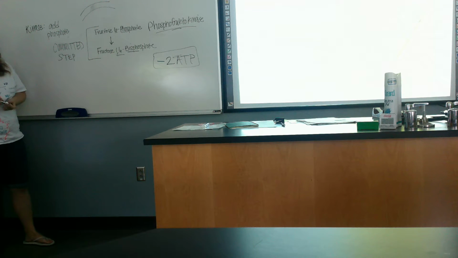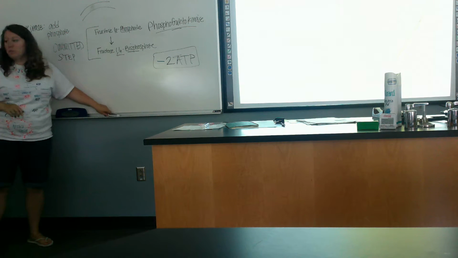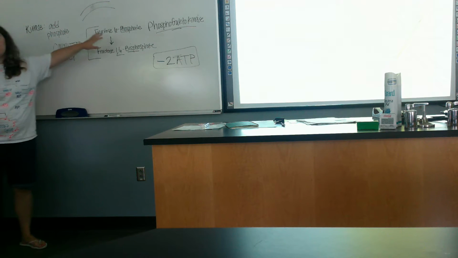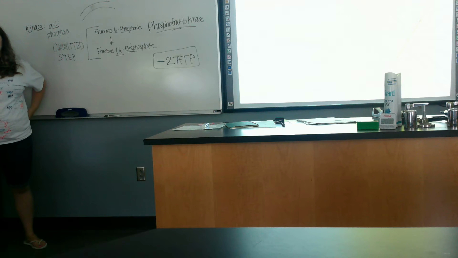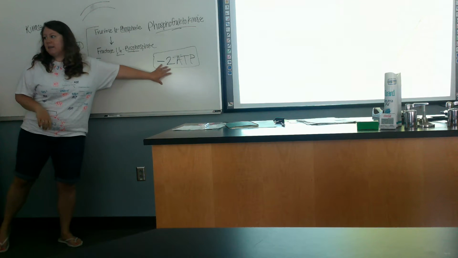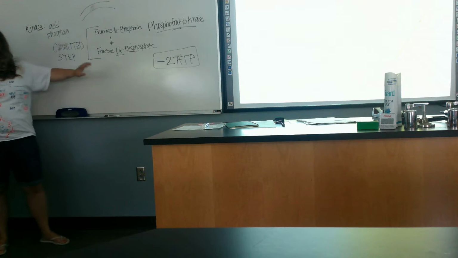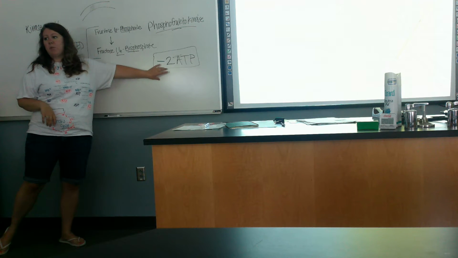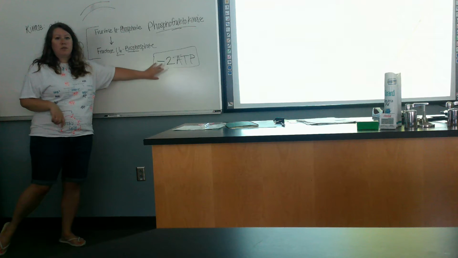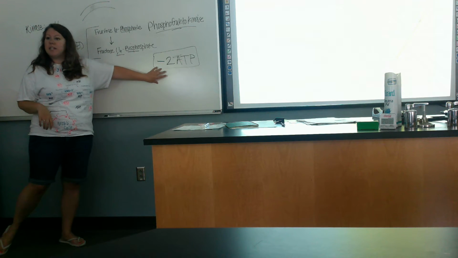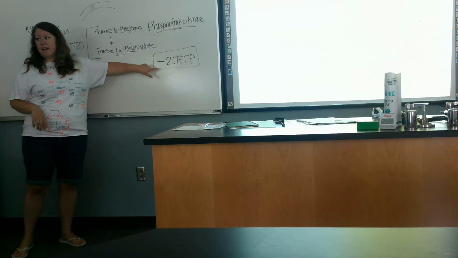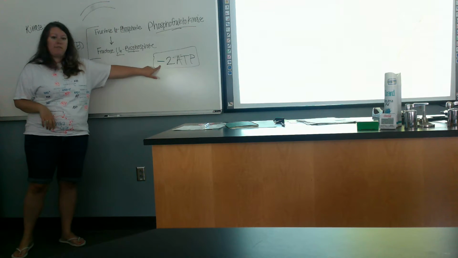This enzyme that carries this out is highly regulated because this is the step where we're investing that second ATP. At this point it's like we're doubling down. We're spending a lot of money. We want to make sure we're spending it for a reason. So we're not going to spend 2 ATPs and then back out. At this point, we're 2 ATPs in the hole. We're carrying this out. We started it, we're going to finish it. Does that make sense? Okay.